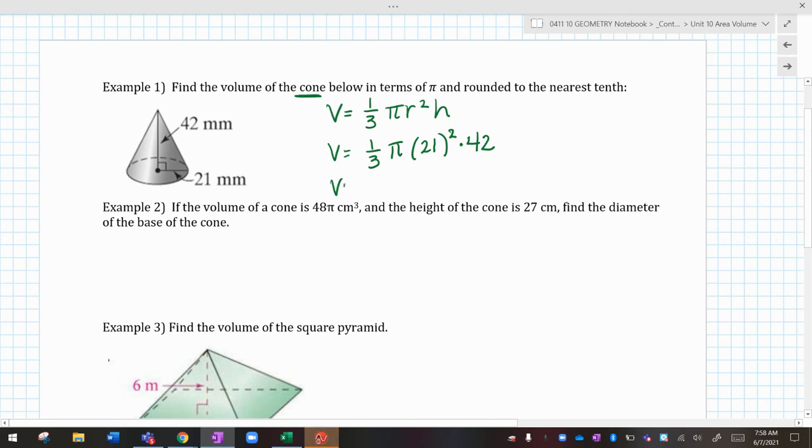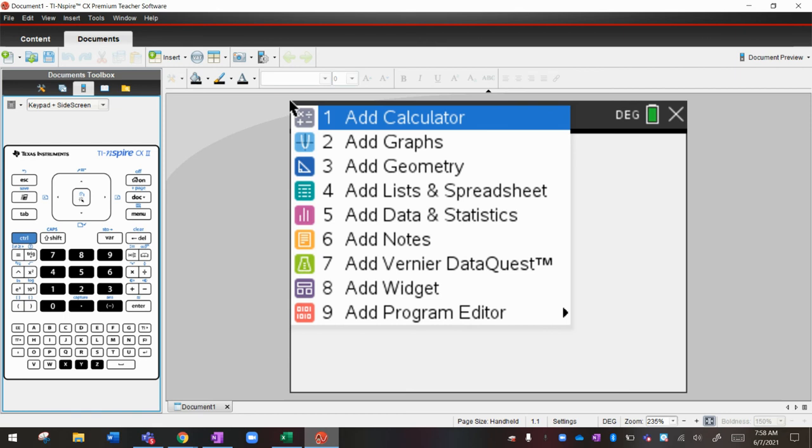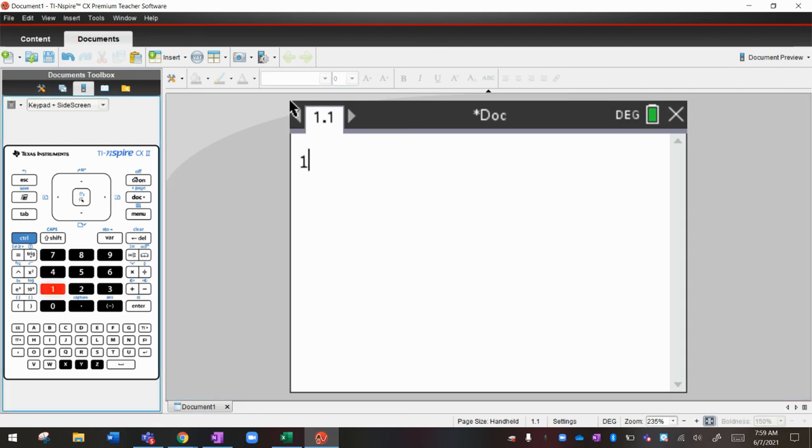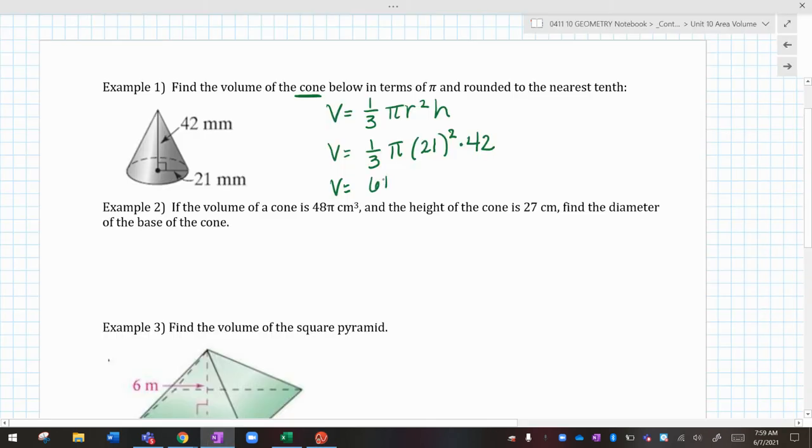Now, if I want that in terms of pi, I'm going to type everything except for the pi into the calculator. So I am going to type 1/3 times 21 squared times 42. And that's 6,174 pi millimeters cubed. So there's my volume in terms of pi.